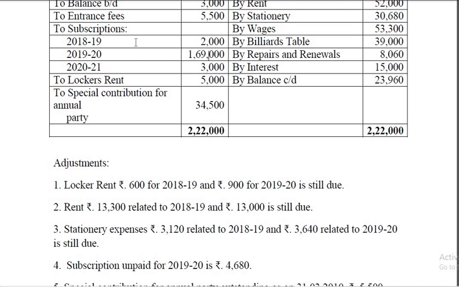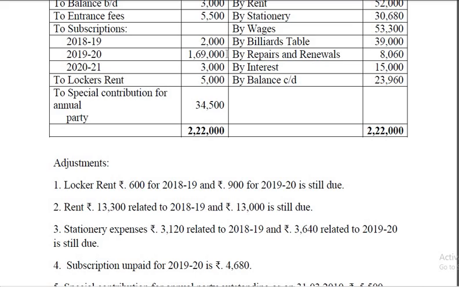In fact, while preparing the opening balance sheet, these 2,000 will come to the asset side. And 3,000 received in advance is a liability that will come to the liabilities side of the closing balance sheet. And these 4,680 outstanding for the current year should be added to the current year income of 1,69,000.